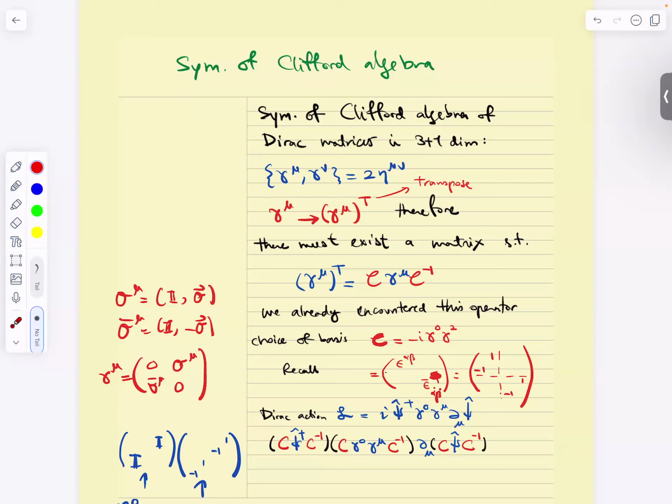These are 4x4 matrices in 3+1 dimensions that satisfy the Dirac Clifford algebra. You notice something: if you pick gamma mu's that satisfy this algebra, if you take the transpose of them, they also satisfy this algebra. So there's a symmetry already at this level. This is the charge symmetry. This is the origin of it. As simple as that.